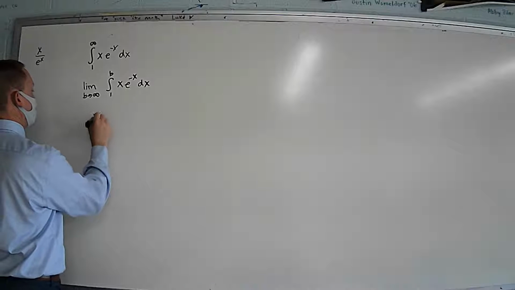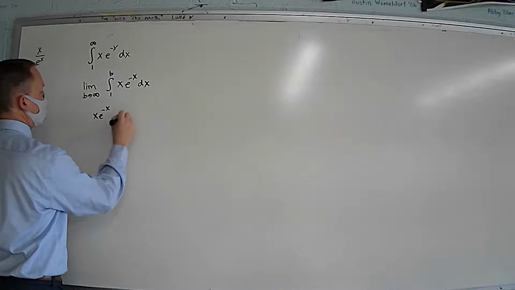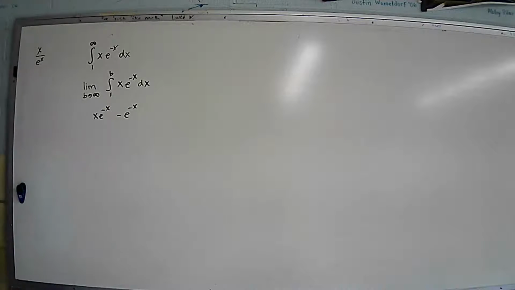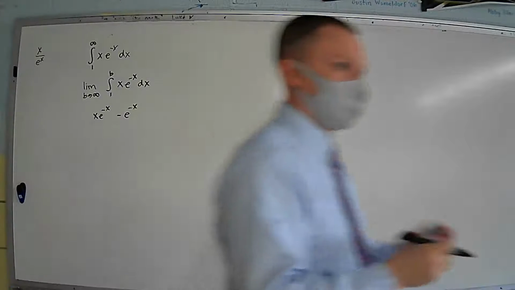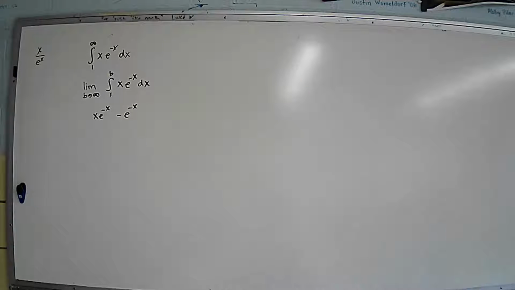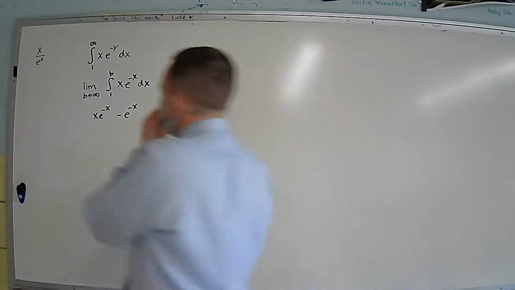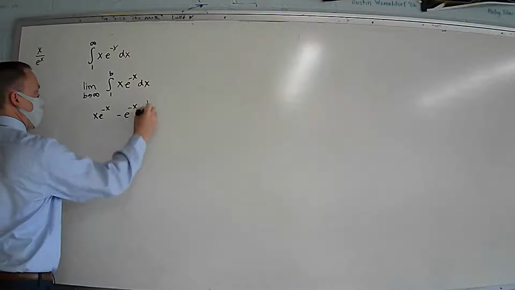Hold on, x e to the negative x minus e to the negative x? Okay. Did you do the shortcut or did you actually work out u v and all that stuff? Just curious. You didn't do the shortcut? Oh, okay. So that's the antiderivative, right?